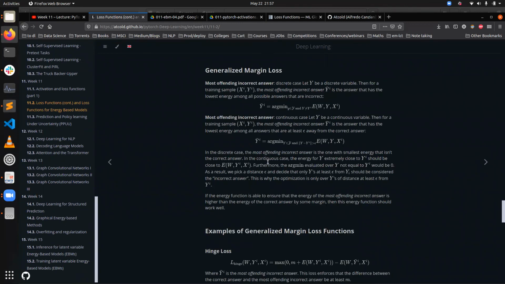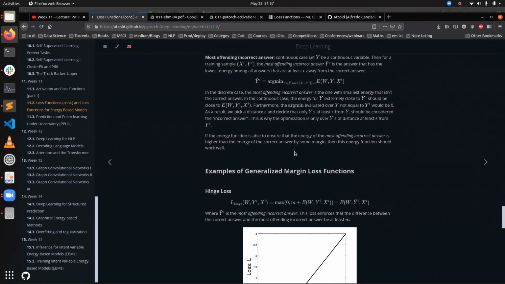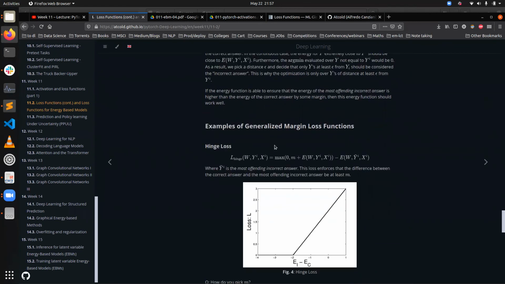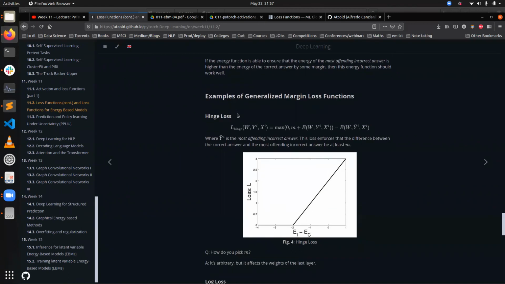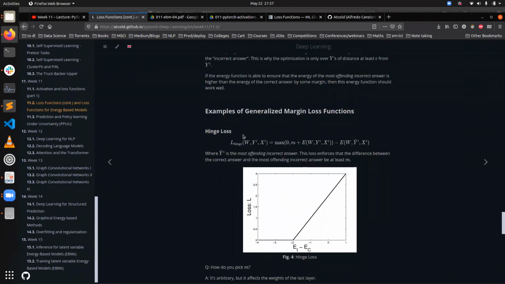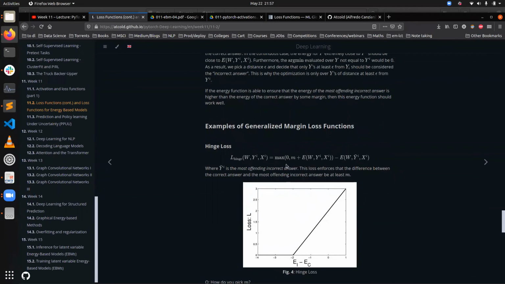Now we come to the good losses for energy based models. So this is hinge loss. For all of the losses that we see from now on, these take the most offending incorrect answer.